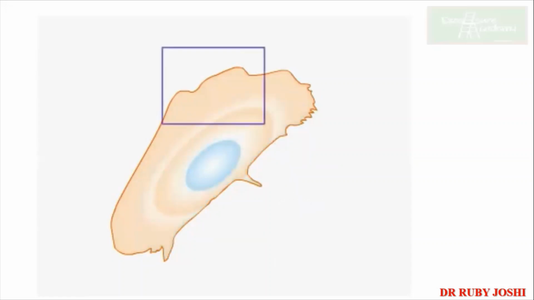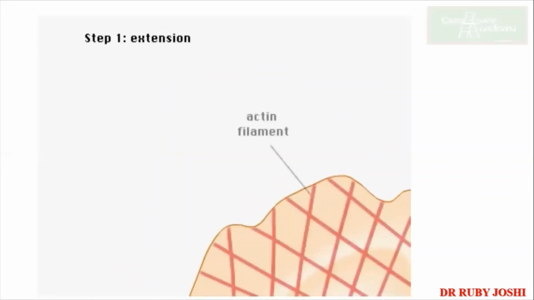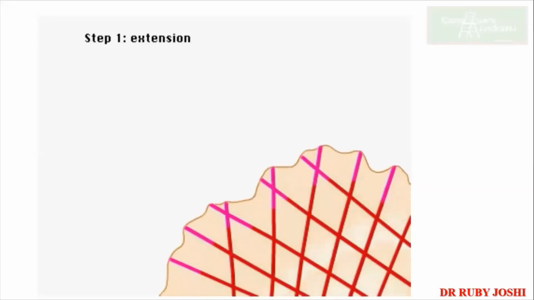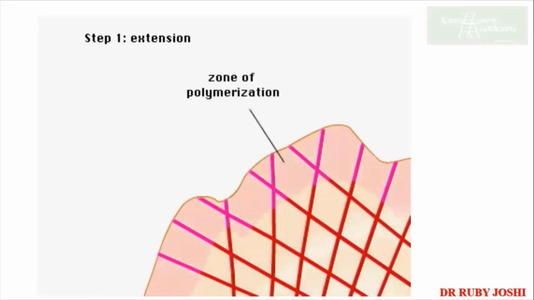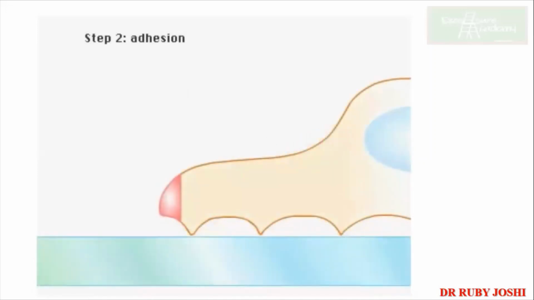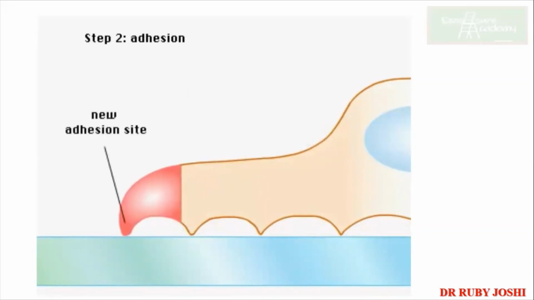The shape of the cell is highly polarized. A broad, thin veil of cytoplasm called the lamellipod is at the front of the cell, and the back of the cell is tapered into a thin tail. The nucleus and major organelles are located in the cell body. A network of actin filaments fills the entire cell, while contractile myosin molecules are located in the cell body. Cell crawling takes place in 4 stages. In the extension stage, the cell pushes the lamellipod forward. This movement is driven by rapid polymerization of actin filaments at the leading edge of the cell membrane. In the next stage, the lamellipod adheres to the underlying surface using specialized membrane adhesion sites. Firmly anchored, the cell is now ready to generate the force to move the cell body forward.